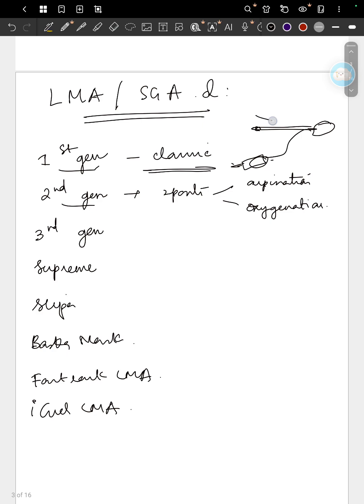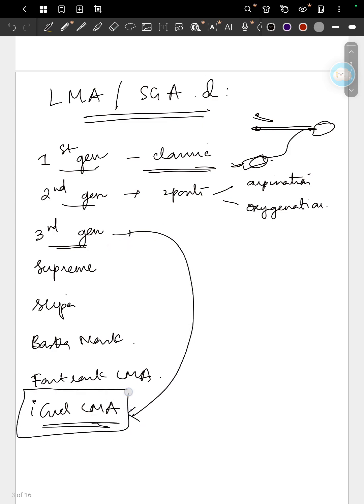Here we have one more port in second gen. And third gen, which is also called iGel LMA. I wrote it separately so that you remember these both have different names, which you can confuse as two LMAs, but they're actually one.